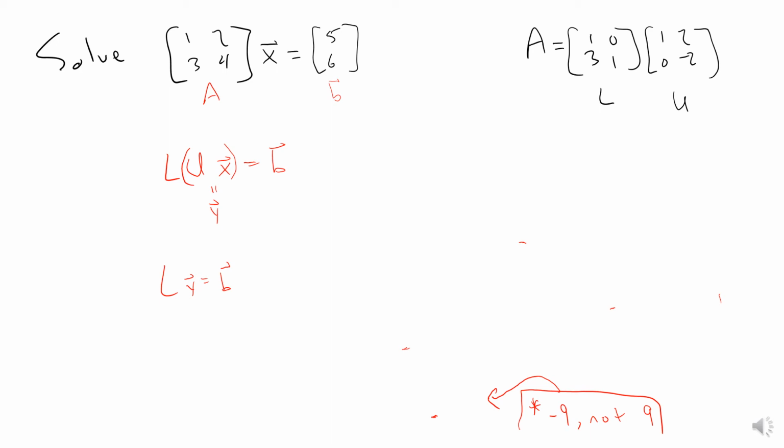So just to show you what this looks like, L, remember, was 1, 0, 3, 1. And then I've got some vector y that we're trying to figure out. We're trying to find out what y1 and y2 are, the entries in this 2 by 1 vector. We're trying to find this vector y so that when I multiply L by that vector, I get 5, 6.